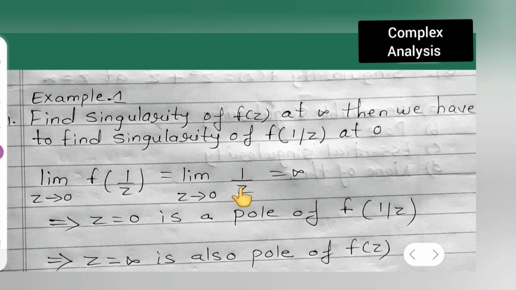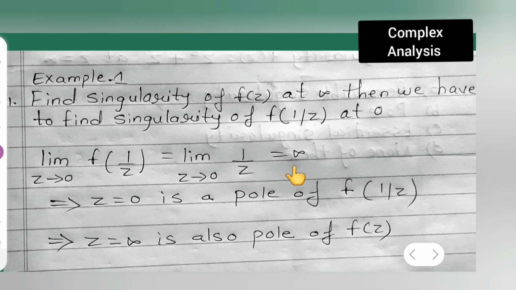So z is equal to 0 is a pole of f of 1 upon z, and z is equal to infinity is also a pole of f of z.